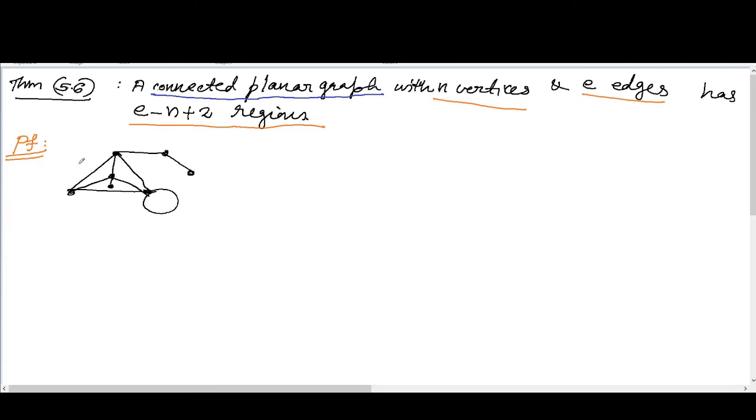Here we can name the edges. We can draw one more edge here from 1.